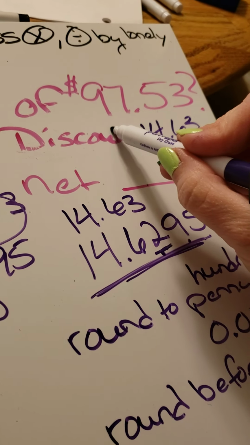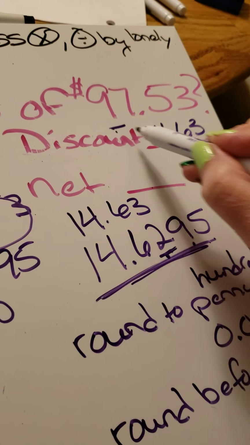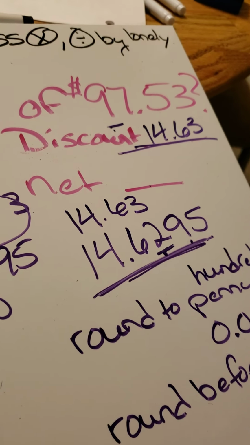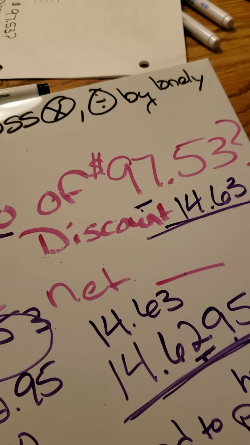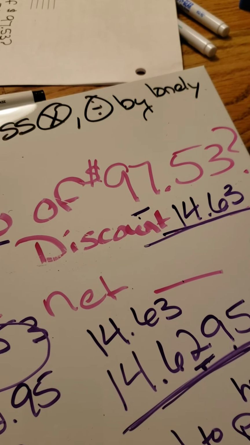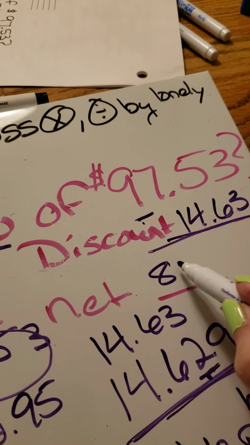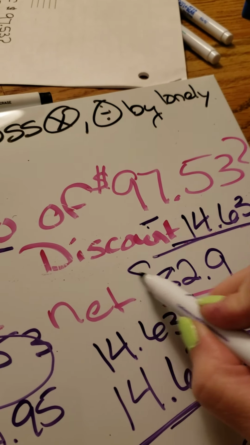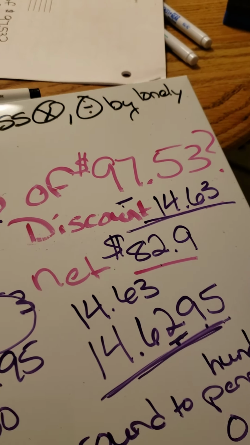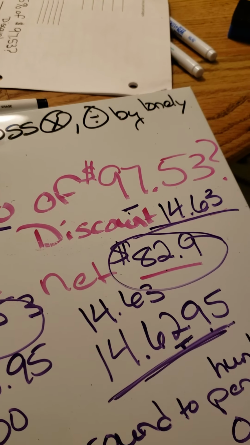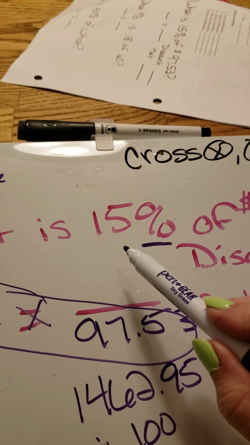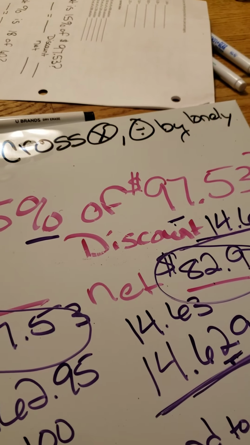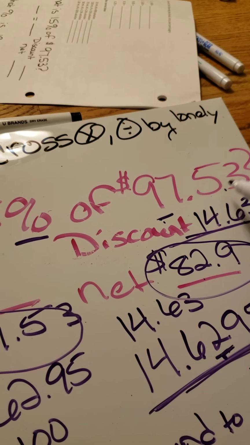We take the whole amount, subtract my discount, and that will give me 82.9. So my net is what I'm going to pay after I have 15% off, which is subtracting it from my total up here.